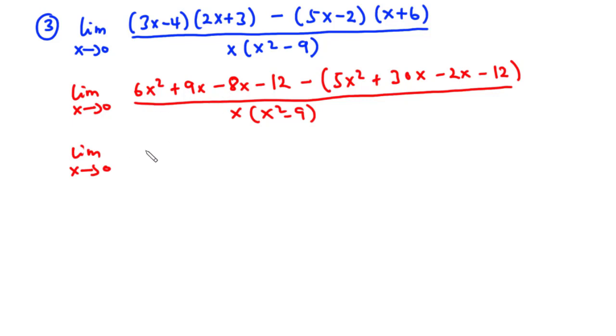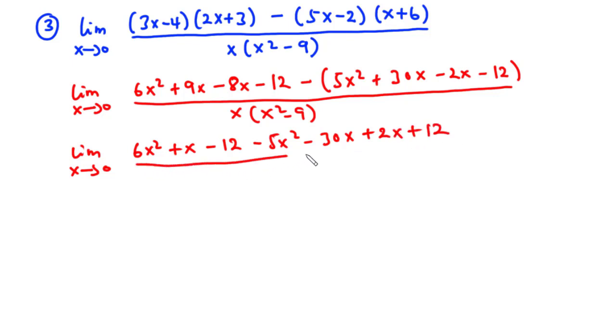So let's simplify. We have 6x squared, 9x minus 8x is 1x minus 12. Now let's multiply negative 1 across. So we have negative 5x squared, we have negative 30x, we have plus 2x, and then plus 12 divided by x into bracket x squared minus 9.